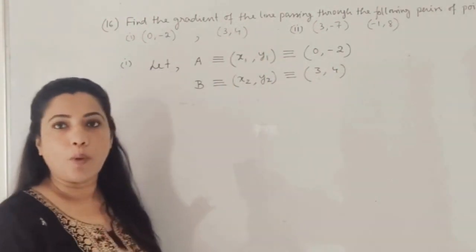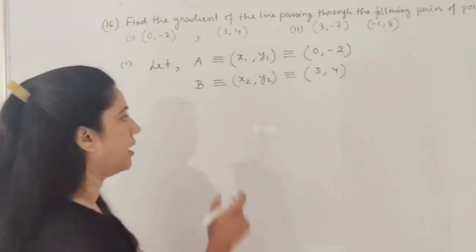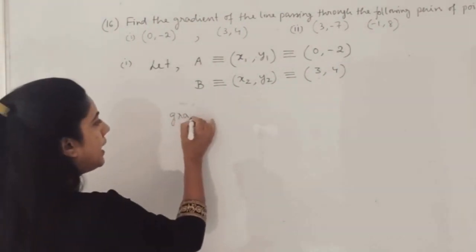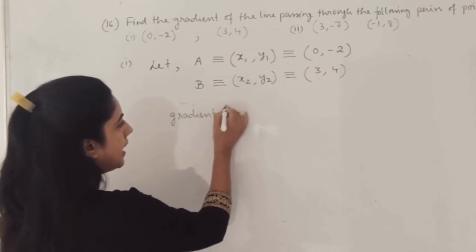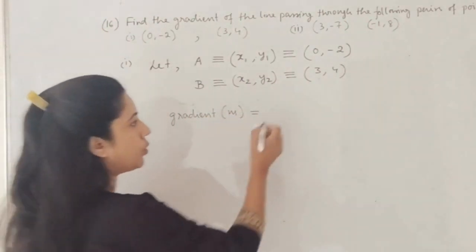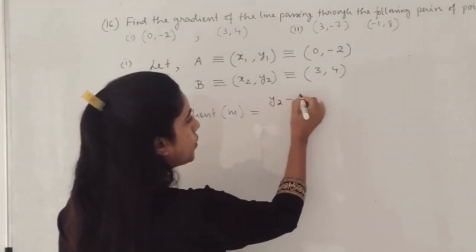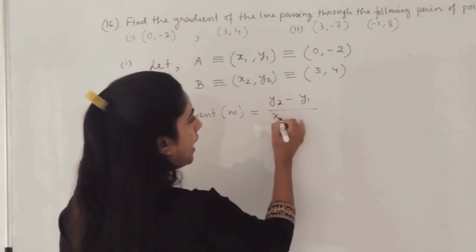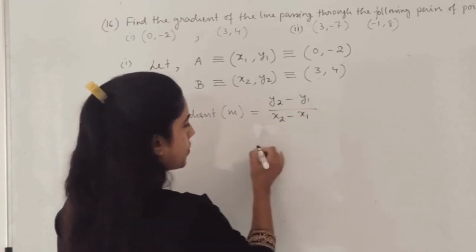So these are the 2 points and we need to find out the gradient. So we'll write now gradient, that is m is equal to, we have a formula when 2 points are given, that is y2 minus y1 upon x2 minus x1.